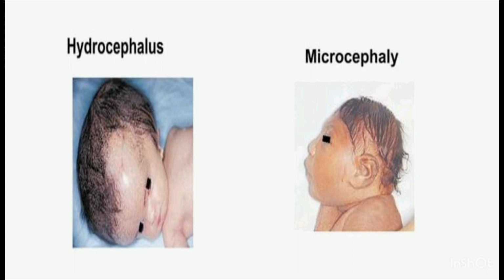Hydrocephalus is the buildup of fluid in cavities, also called ventricles, deep within the brain. The excess fluid increases the size of the ventricles. In microcephaly, the baby's head is much smaller than expected.